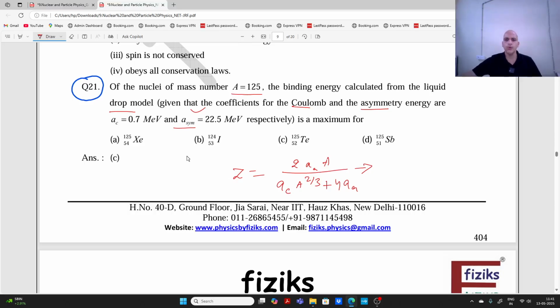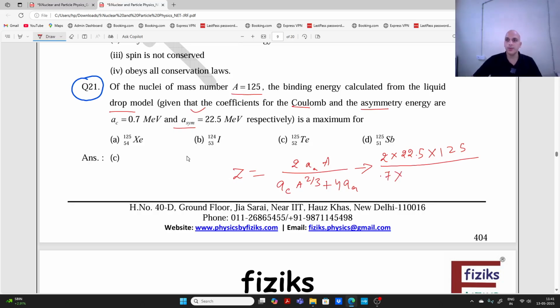So I have to put all the values here. So 2 into 22.5 into A, which is 125, divided by A Coulomb energy 0.7 into A power 2 by 3.